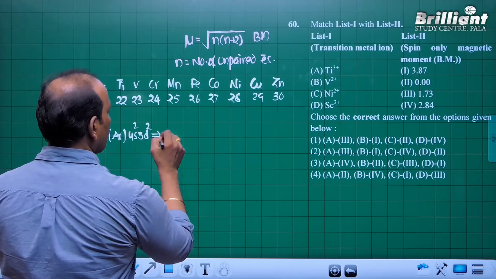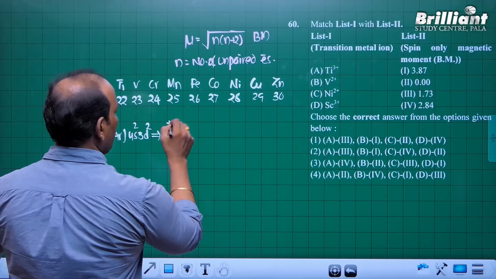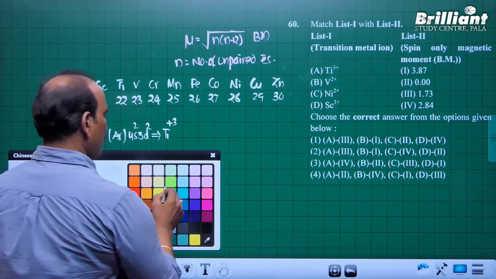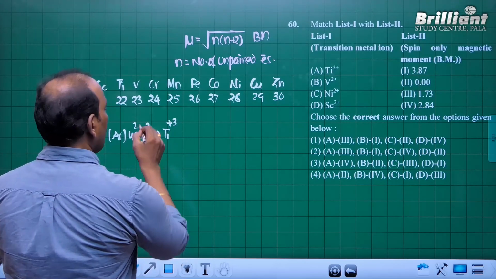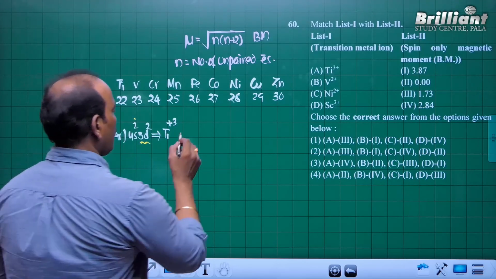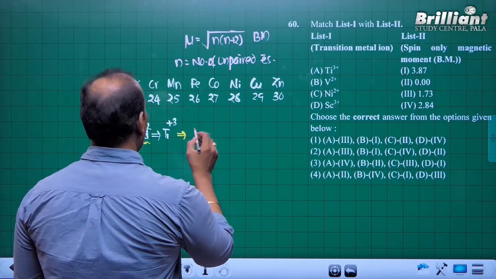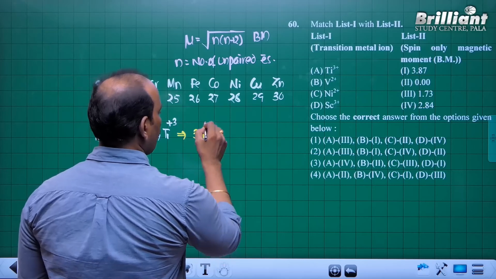Then it changes to titanium plus 3, so the 2 electrons from 4s and 1 electron from 3d are removed, giving a 3d1 configuration.